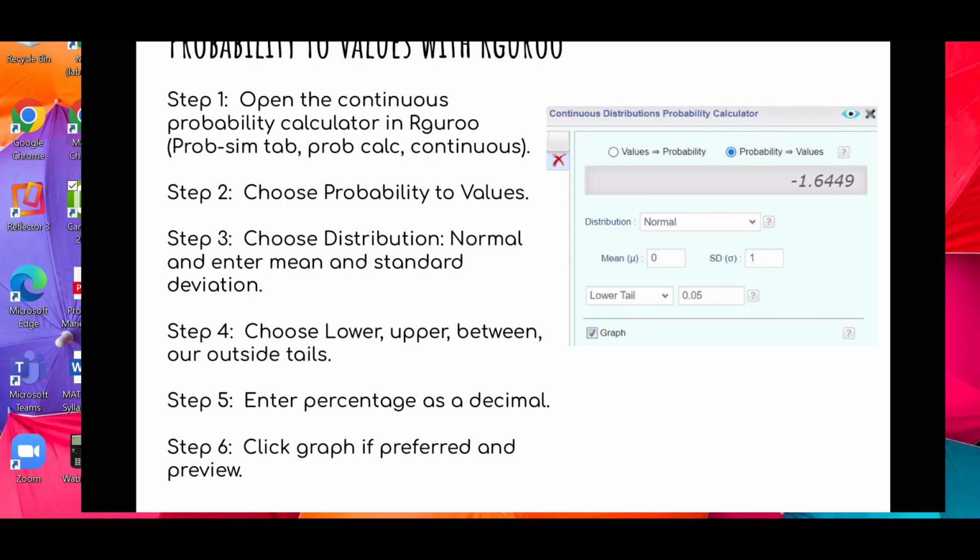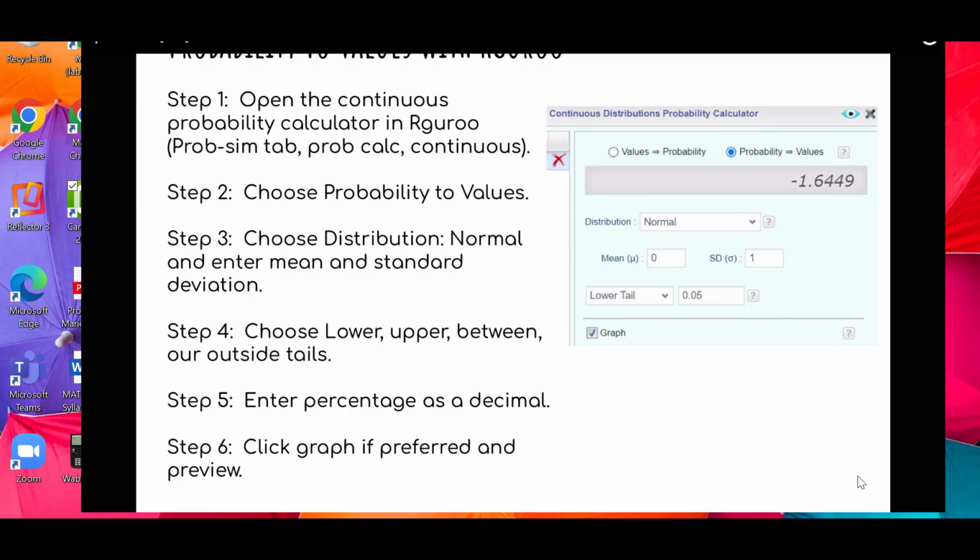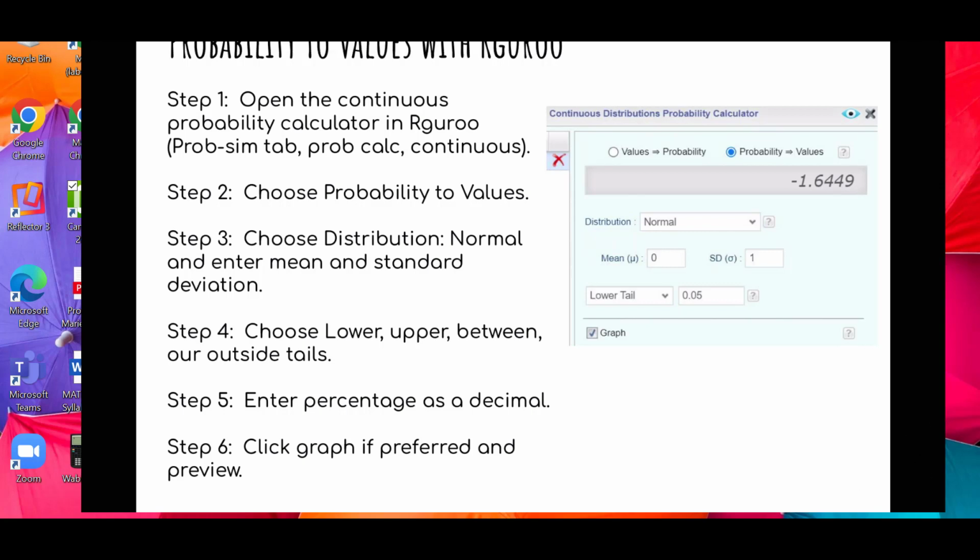The part at the bottom where it says lower tail, it gives you the option for lower tail, upper tail, between tails, and outside of tails. And so basically what that means is it just depends on the probability or the proportion or the area that they give you. Where is that located?